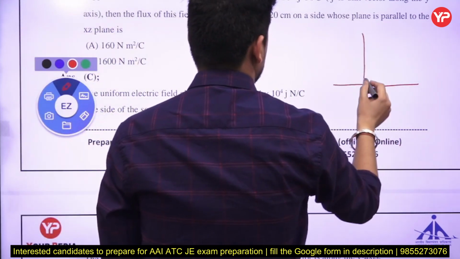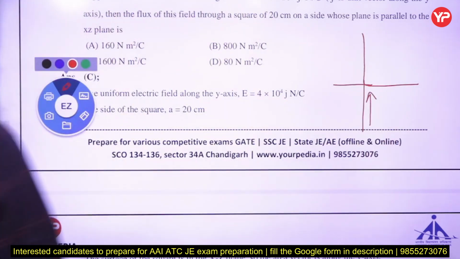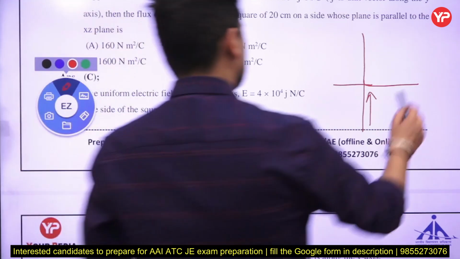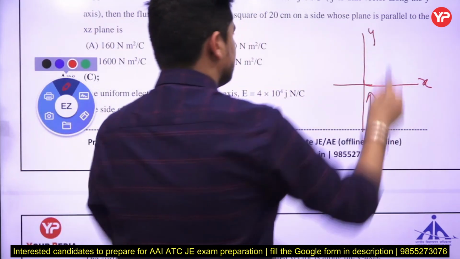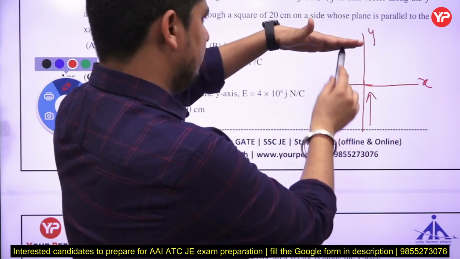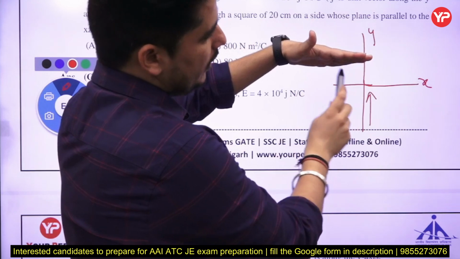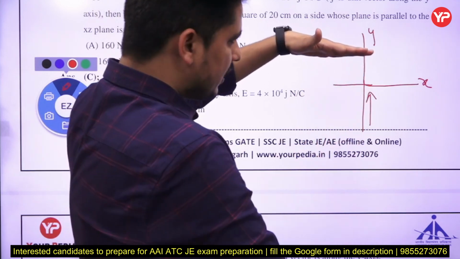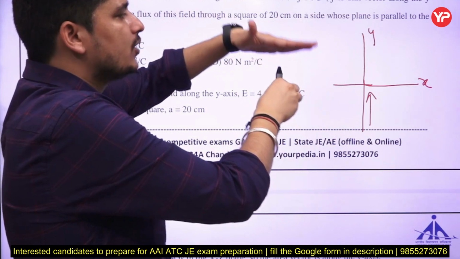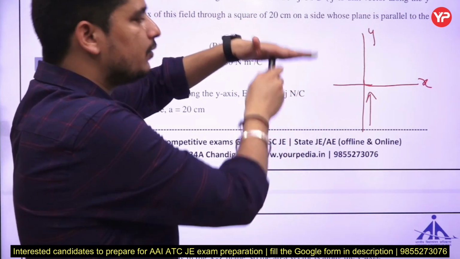The electric field is going up in this direction, this is your x-axis and the outside is your z-axis. Here we have a square plate of 20 centimeter side, so the area of this square is 20 into 20. Electric field is passing through in the upward direction, so the area also has the direction in y cap, right?